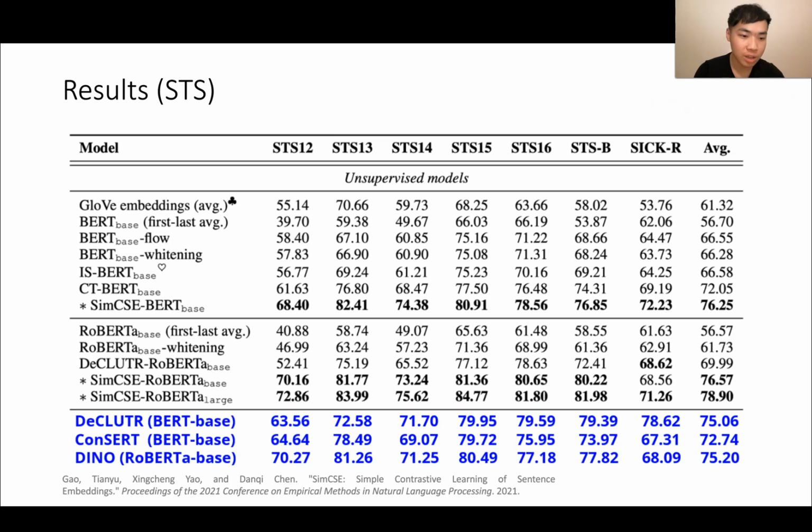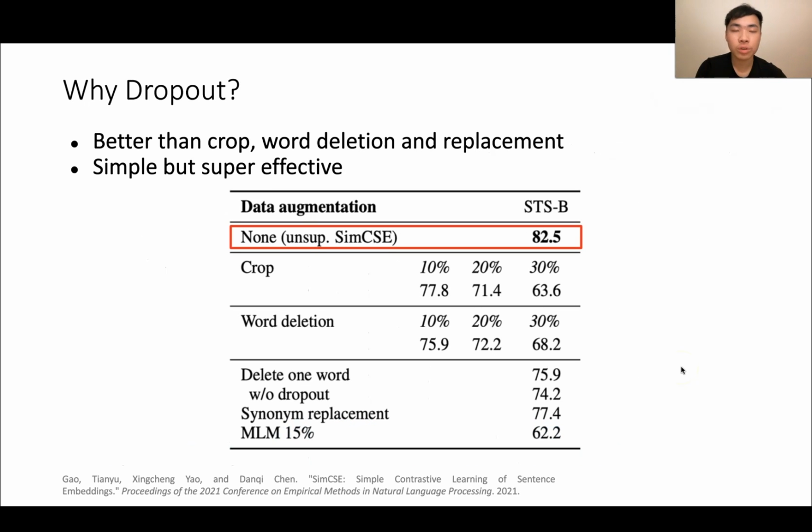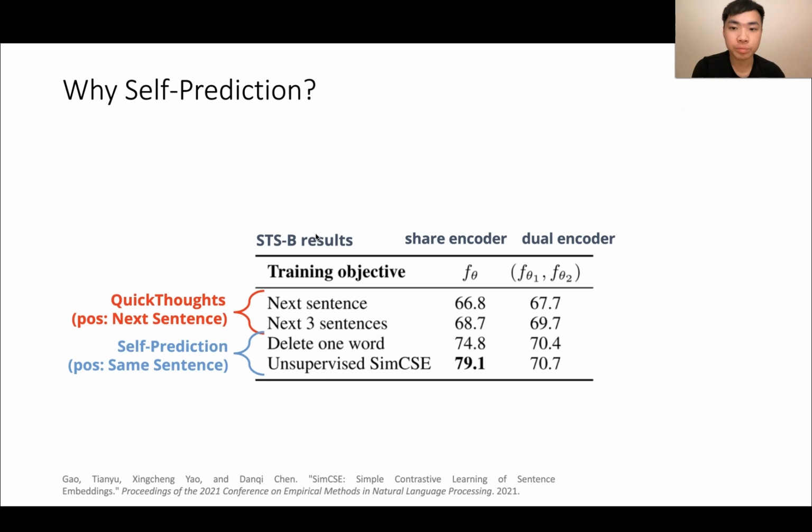The performance has a big improvement. The authors also tried other augmentation methods like random cropping, word deletion, word replacement, and synonym replacement, but none of them is better than just changing the dropout mask inside the transformer layer. So this experiment showed that changing the dropout mask is a simple but super effective way to do augmentation.